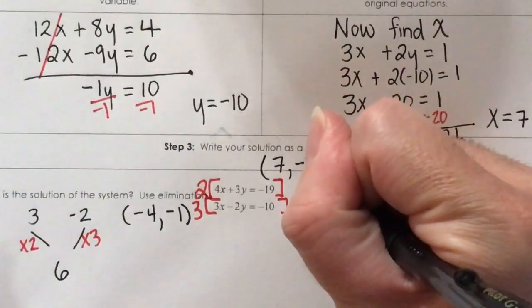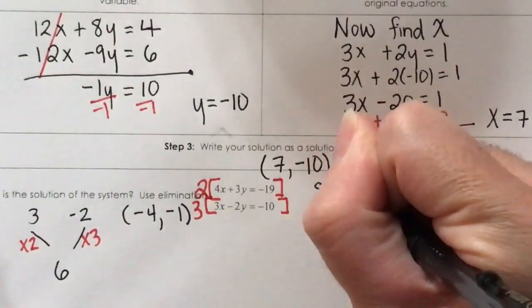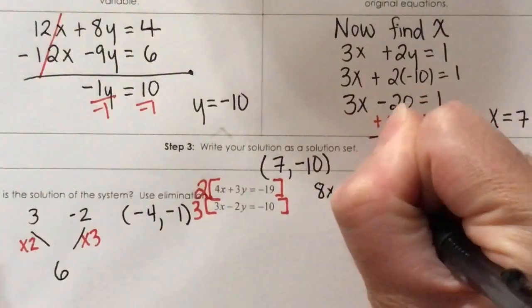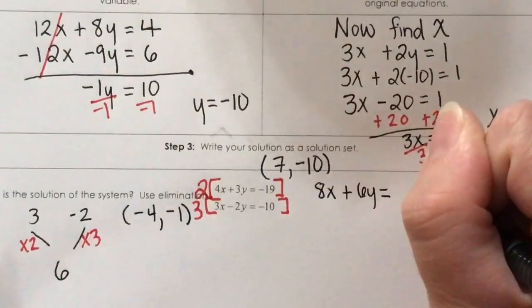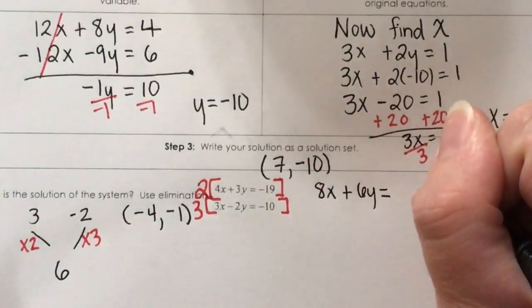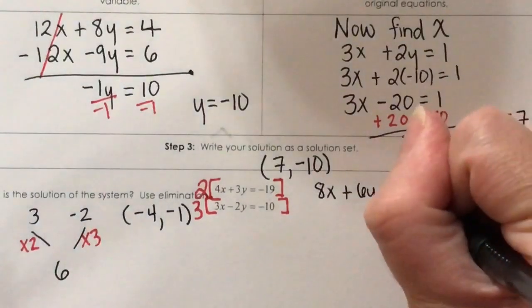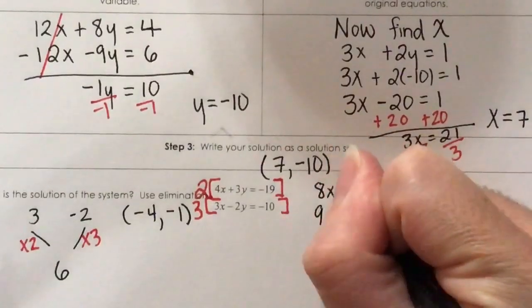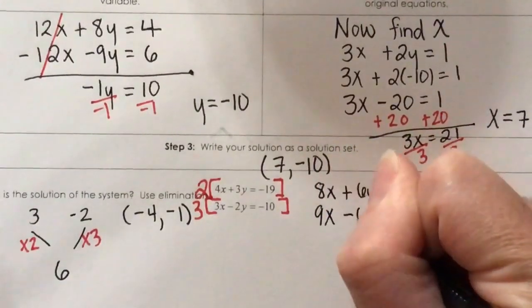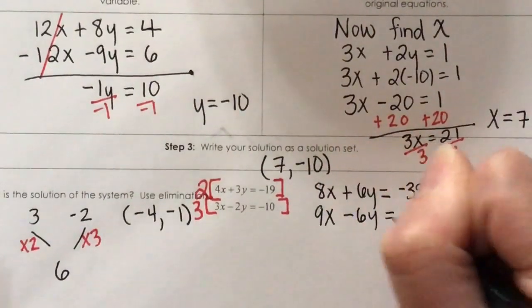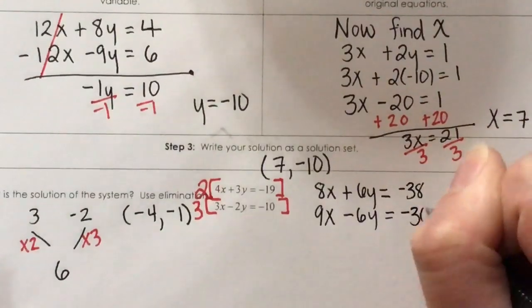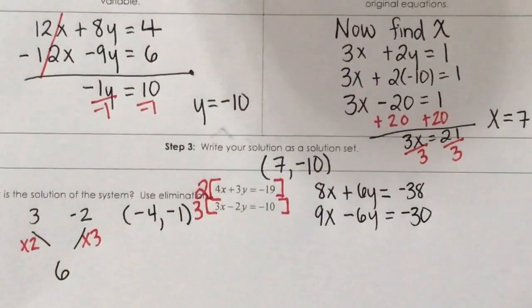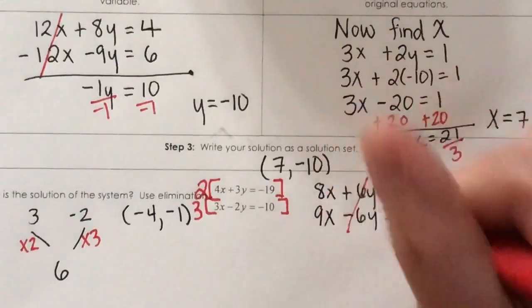You're going to get an 8x plus 6y equals negative 38. Then you're going to get a 9x minus 6y equals negative 30. Okay, your y's cancel out.